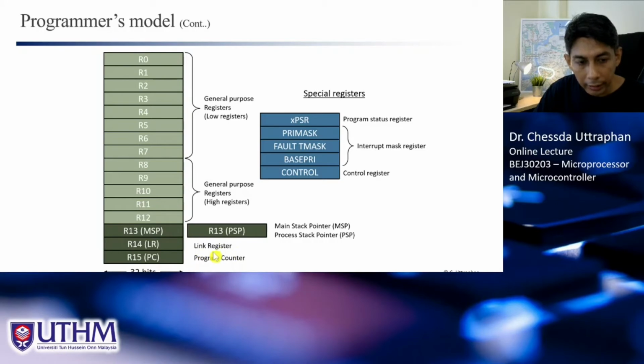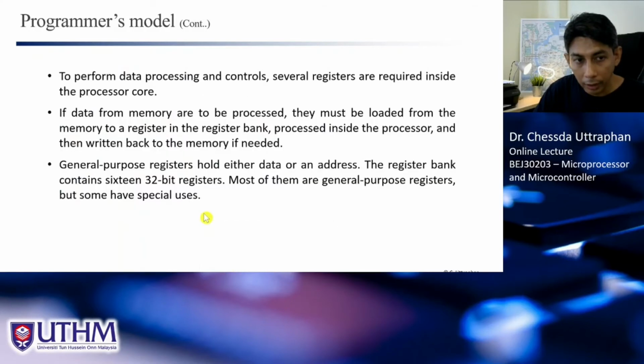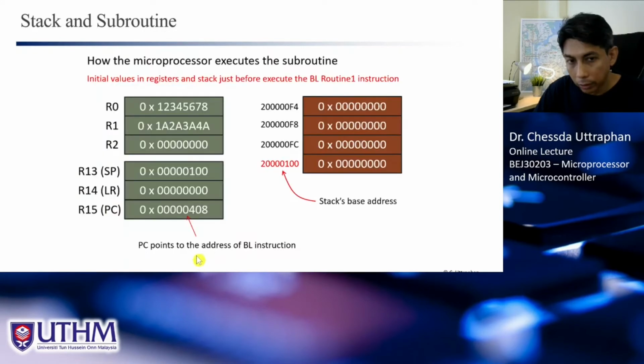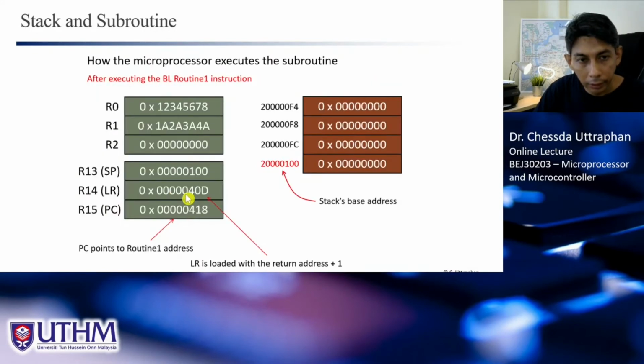The link register and program counter are used when we execute the subroutine, and actually the program counter is used every time the program is executed. Remember, the function of the program counter is to point to the next instruction to be executed, right?